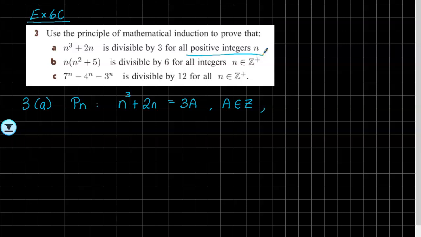This is the debate. All positive integers, does that include 0? No, we're going with 1 or more. So you could write it as n is, I like to do that. You could just say n is z and then n is greater than or equal to 1, whatever floats your boat. I prefer the top one, less writing.